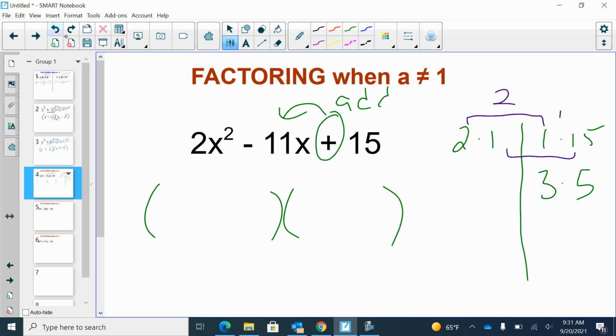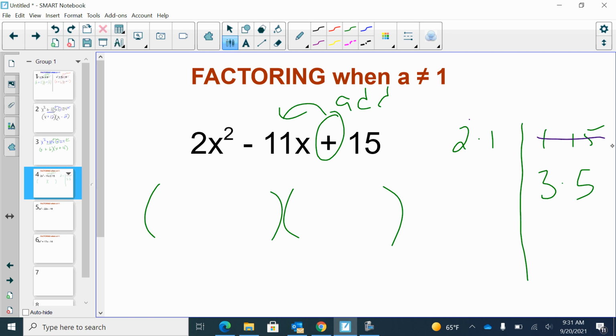So that's out. So let's get rid of that. All right, it doesn't work. Let's try the other one. 2 times 15, 1 and 1. Does that add to get 11? I have 30 and 1. Nope, that doesn't work. So that's out. So I can eliminate that as a choice.